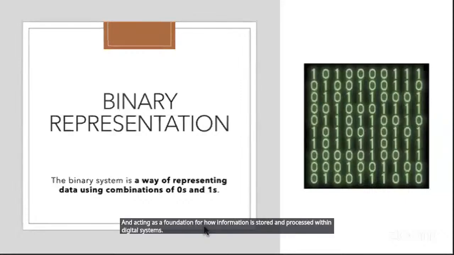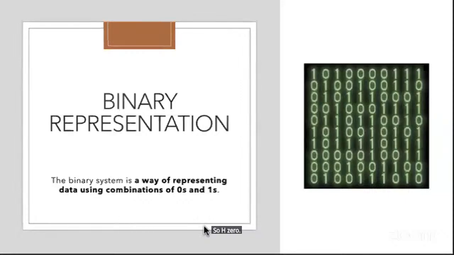Each 0 or 1 is called a bit, and the combinations of bits represent numbers, letters, images, and other data types.